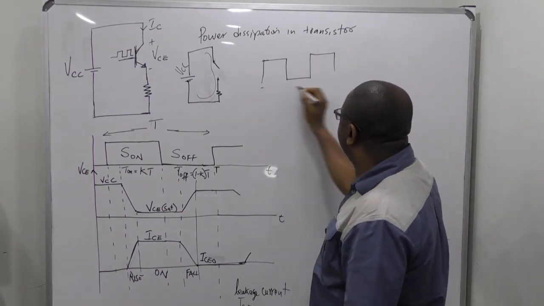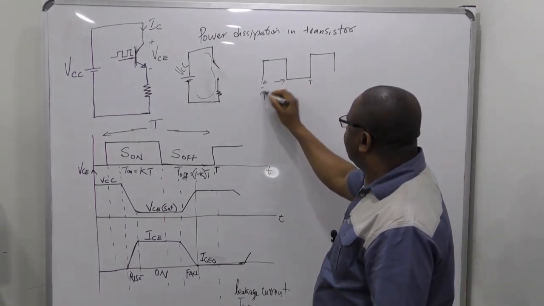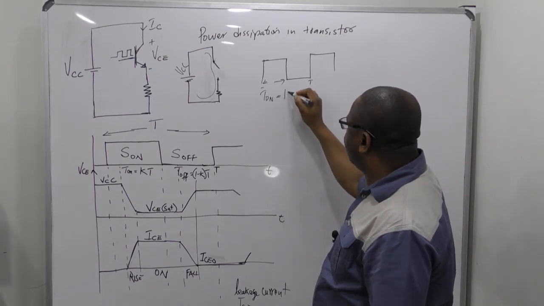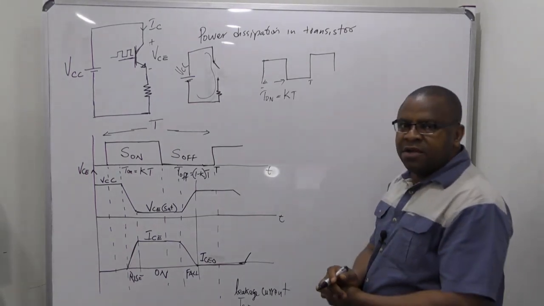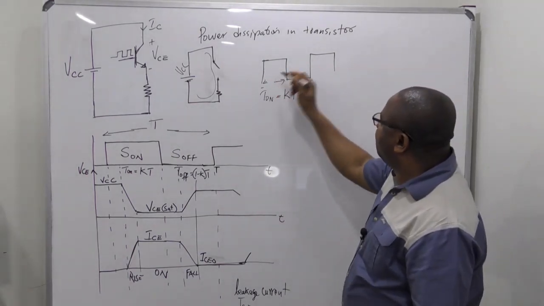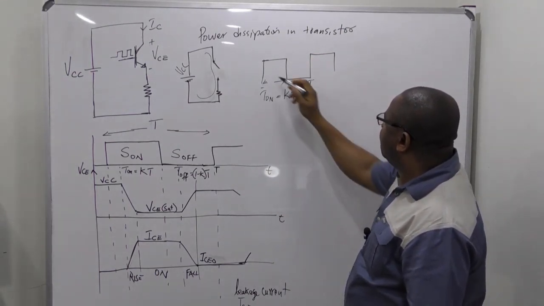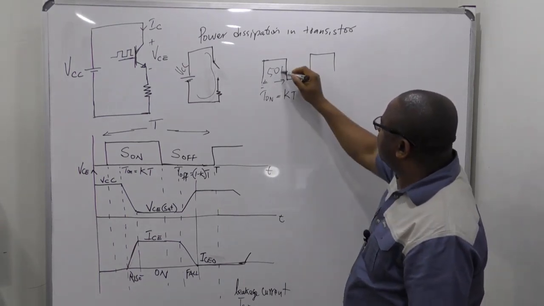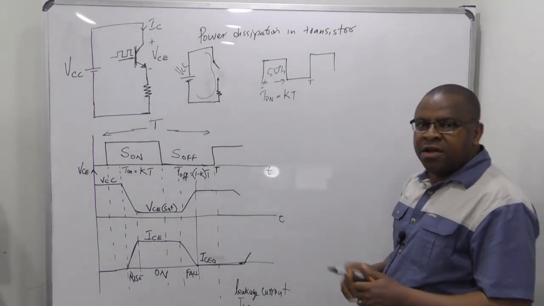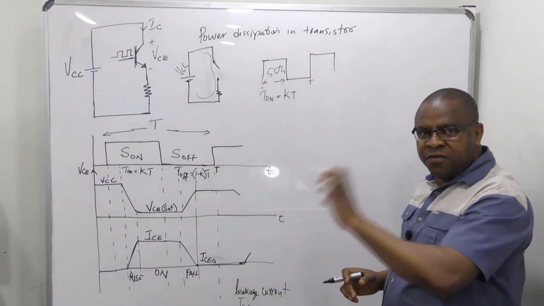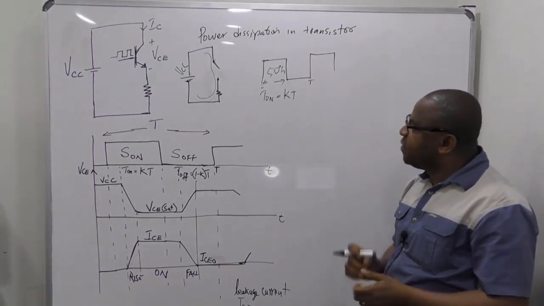From here to here is a period, T. If you want the time of on only, that is the duty cycle multiplied by T. For instance, if this is half of the period, it means the duty cycle is 50%. That means half of the period is on, and 50% off, for that period.